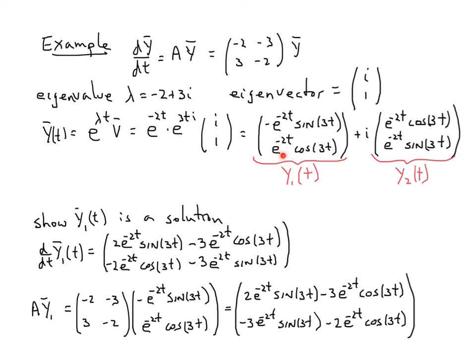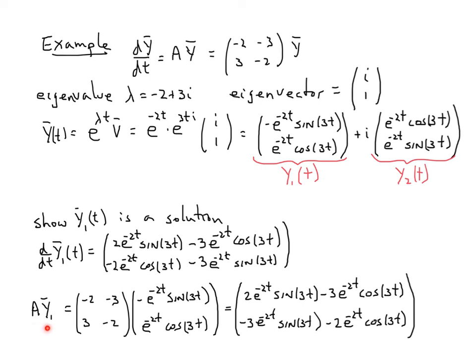The derivative of the first brings down the minus 2 e to the minus 2t. The cosine 3t goes along for the ride. And then the derivative of the cosine 3t, which produces a negative sign, minus 3 e to the minus 2t sine 3t. So there's the derivative of y1.